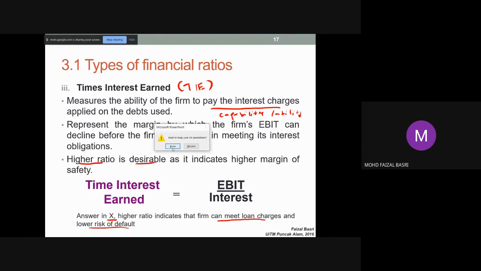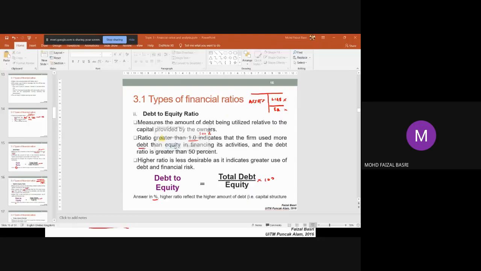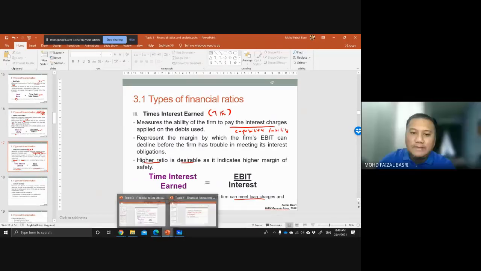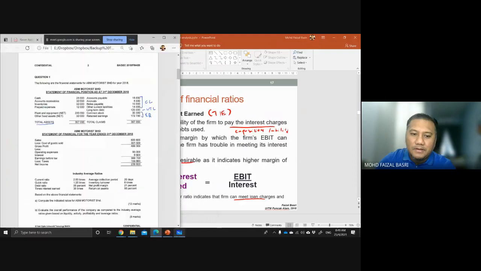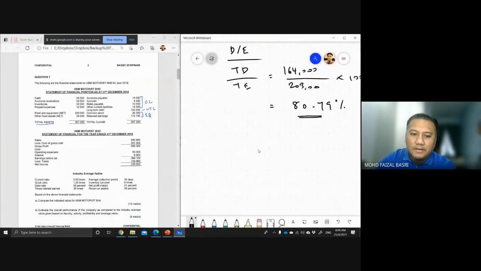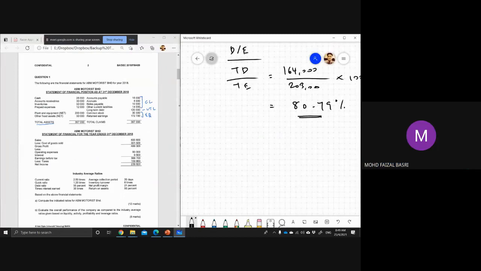Okay, so for this ratio, we're not going to look at the balance sheet. We are going to look at the income statement. The first two leverage ratios used items within the balance sheet, or the statement of financial position. But for times interest earned, TIE, we're going to use items in the income statement.